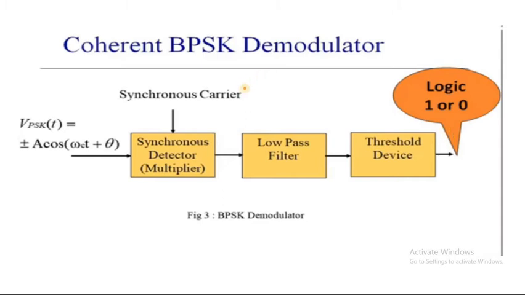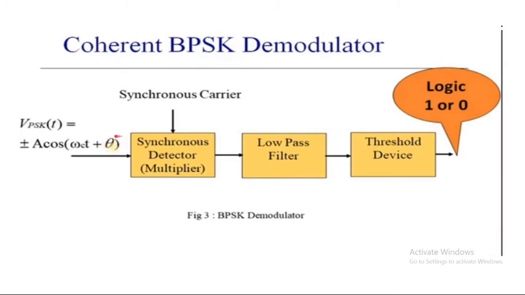It consists of a synchronous detector or multiplier, a low pass filter, and a threshold device or a comparator. The incoming BPSK signal, which is plus or minus A cos omega c t plus theta, is applied to one input of the synchronous detector or multiplier.